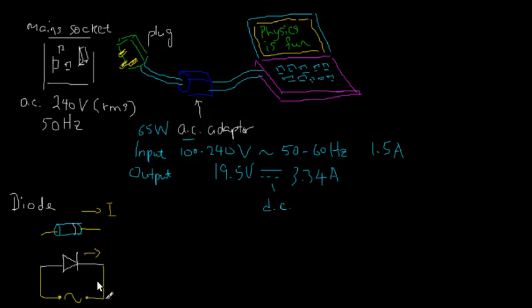So you have a current that flows for a short time, and then it tries to reverse but it's stuck, and then it flows again, and then it's stuck again. So it flows, stop, flows, stop. And that is basically what would happen if you connect a diode to an AC voltage.